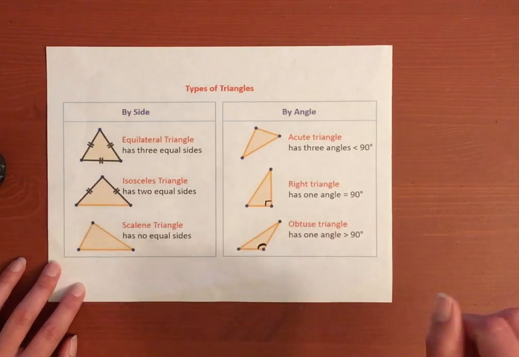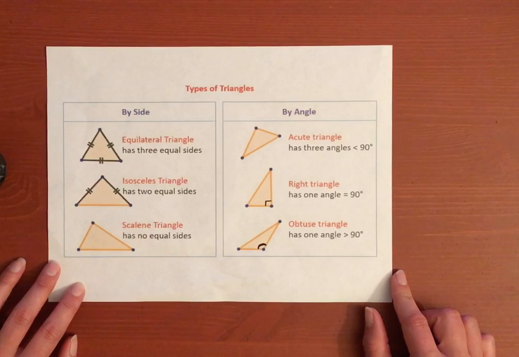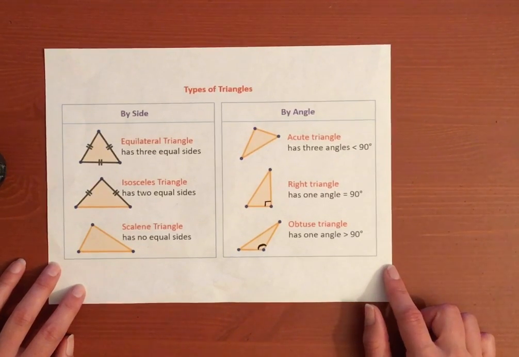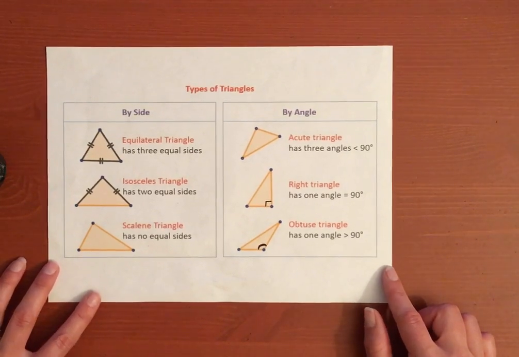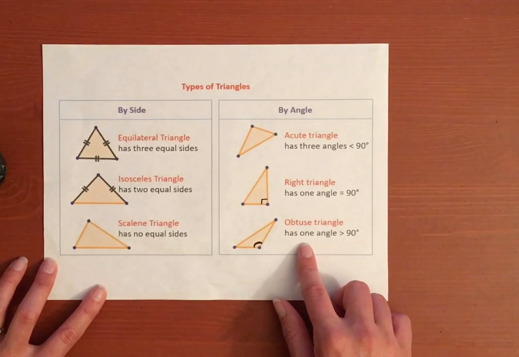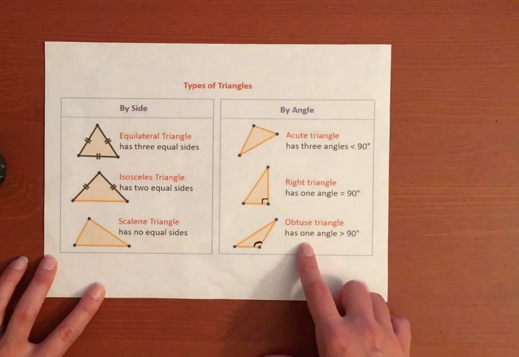And a scalene triangle sounds to me kind of like scaly, like a weird scaly creature. And that helps me remember that there's not even a single side that is equal to another side in a scalene triangle. We can also classify triangles by their angles. I reviewed the angles in this classification chart yesterday when we talked about quadrilaterals.